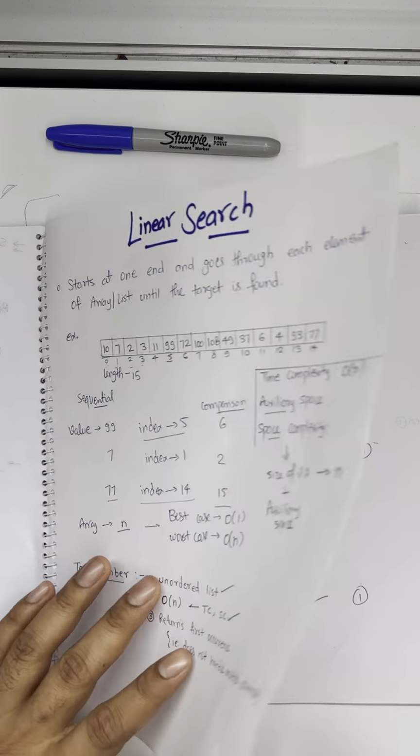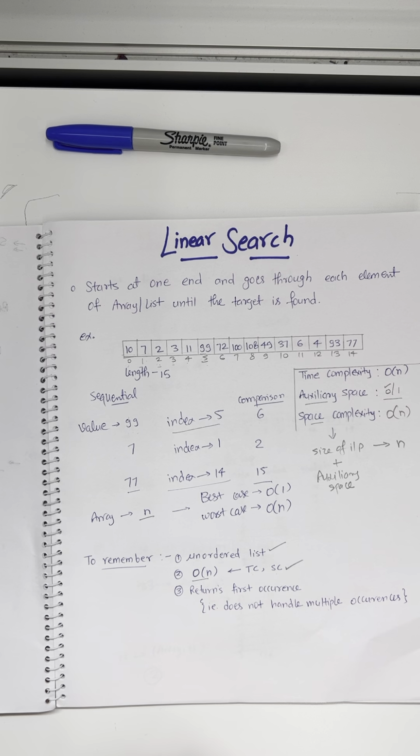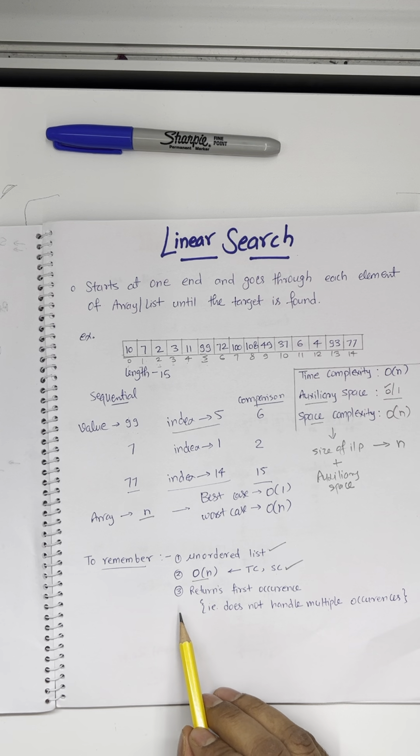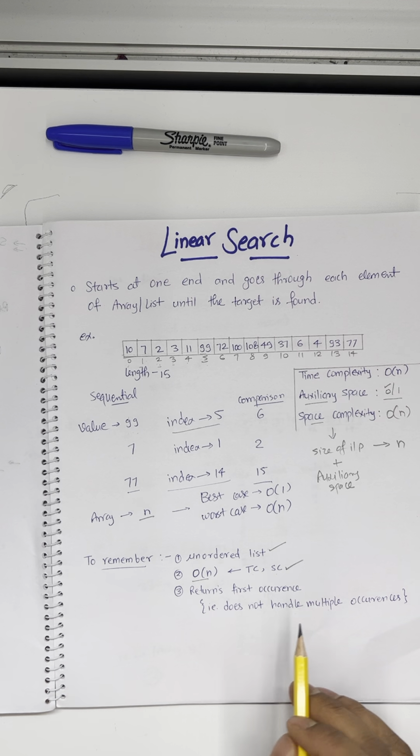So space complexity will be n plus 0 or 1, based on the way of implementation. In our case, it is 0. So the space complexity will be of n also. So the space complexity as well as time complexity is of n. And we need to remember it will always return the first occurrence. So it does not handle multiple occurrences.